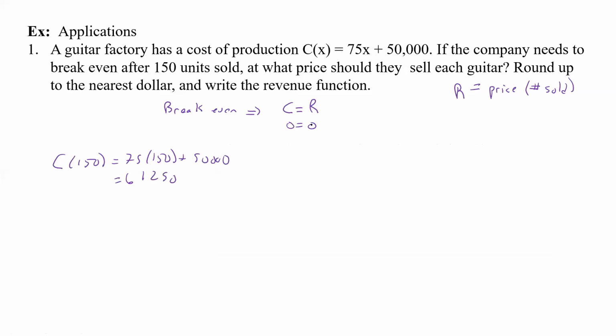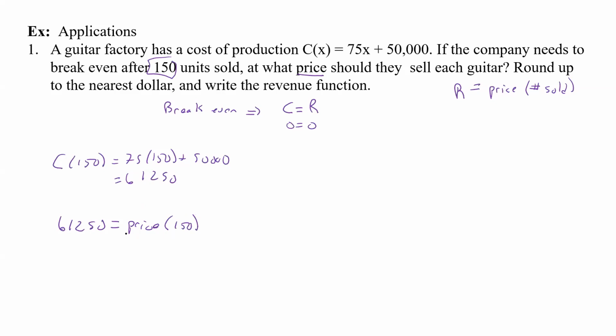I just said 0 equals 0 as an example where they're equal, but our cost is going to be equal to that, and we want to know what the price is. So the revenue is going to be equal to that at those 150 units. If the revenue is 61,250, we knew that's price times the number sold. Well, price we do not know. That's what we're looking for. But we know how many were sold, 150, so we're taking price times 150.